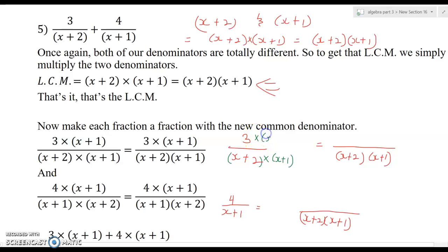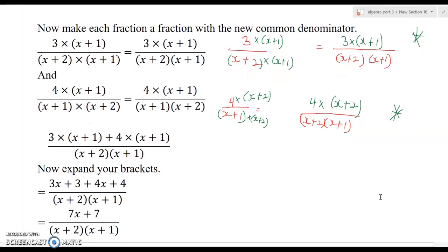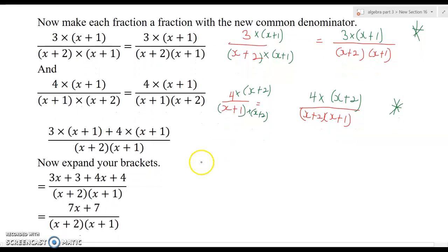So do the same thing at the top. So you get 3 times x plus 1. And then down here now, x plus 1 multiplied by x plus 2, and we're going to get that new denominator, and do the same thing at the top, x plus 2. So you get 4 times x plus 2. So this here and this here are my two new fractions that we are going to use. So now let's put them together.